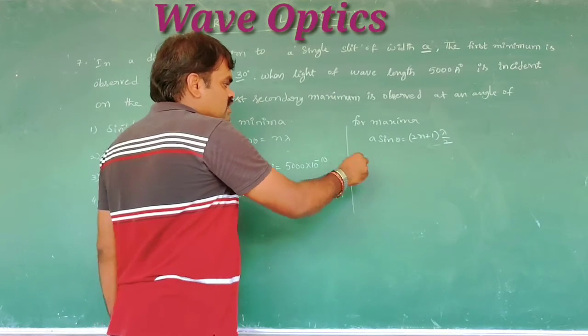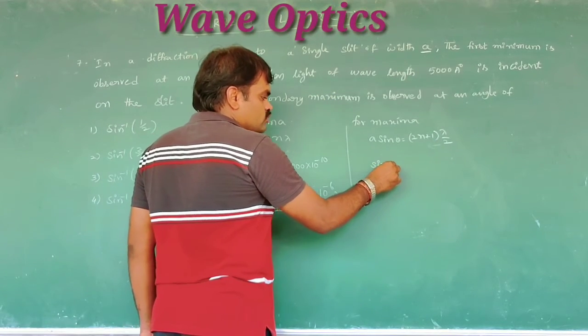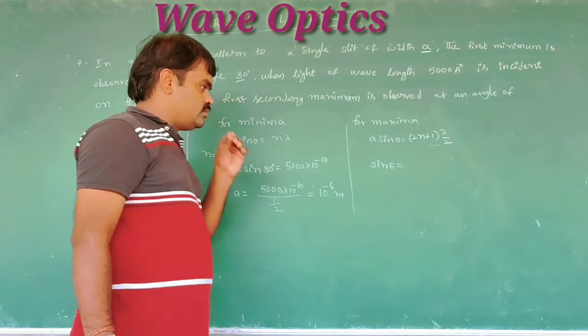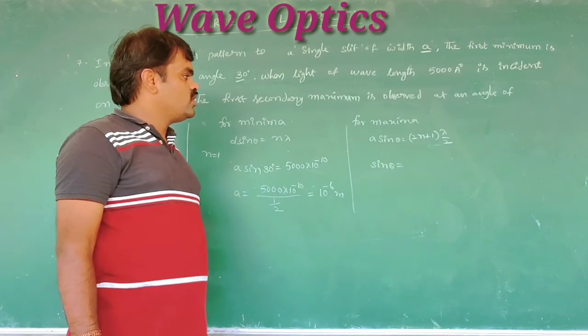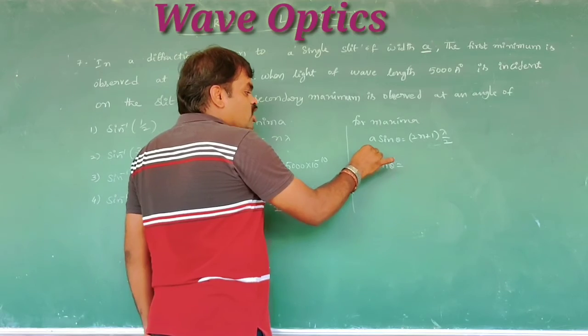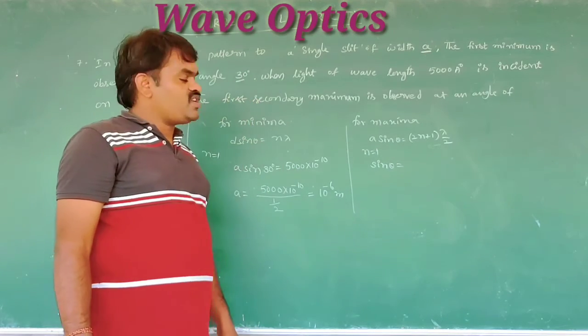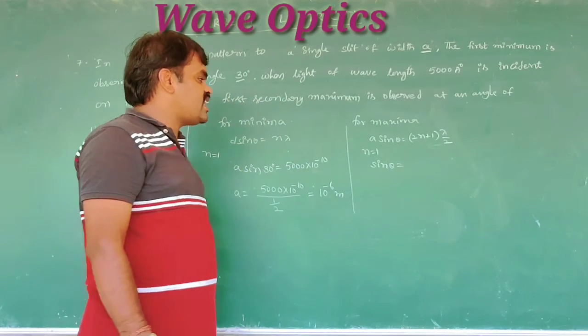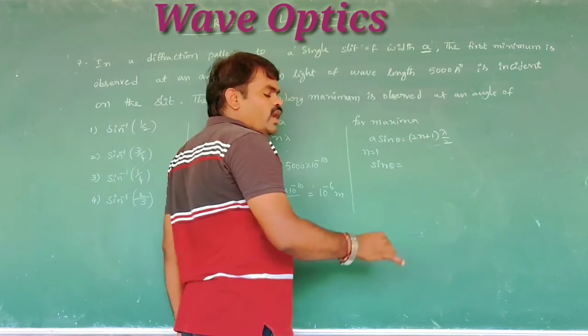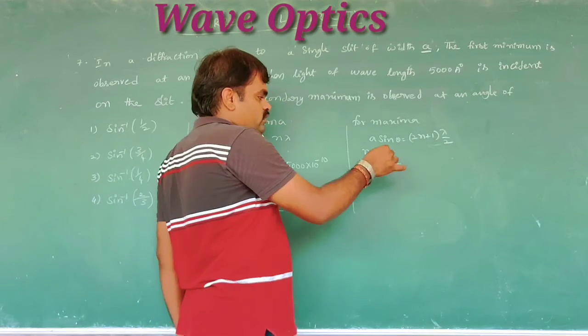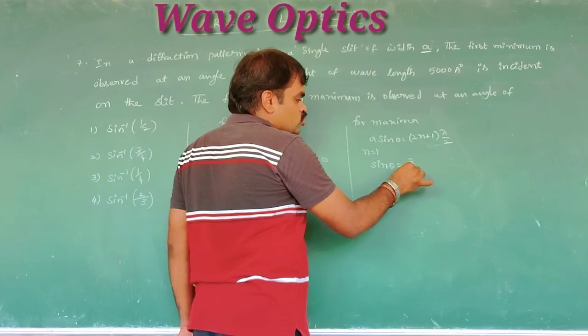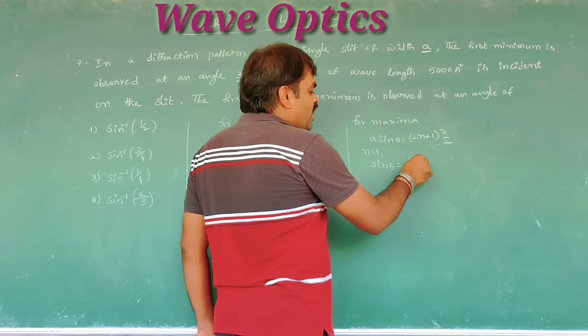Then we are finding sin theta to get the theta value. N is equal to 1 because of the first secondary maxima. 2 into 1, 2 plus 1, that is 3 by 2 into lambda.